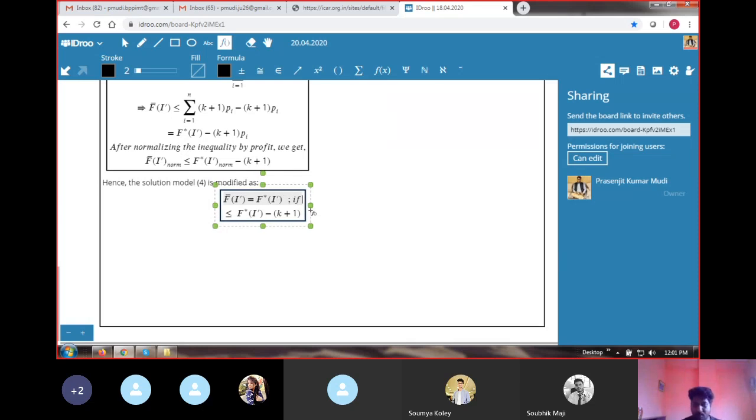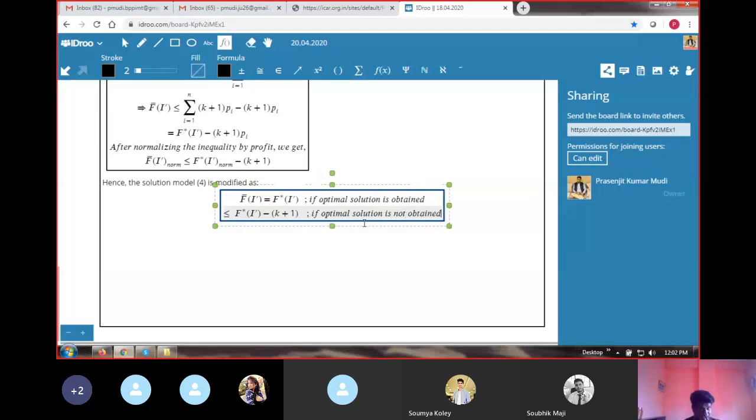Okay. If the optimal solution is obtained... So obtaining the optimal solution is NP-hard, that we are investigating. Okay, so this is the model.